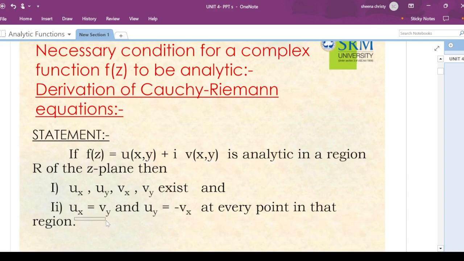So here ux equal to vy and uy equal to minus vx is called the Cauchy-Riemann equation in Cartesian form.